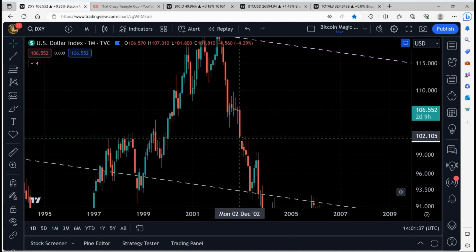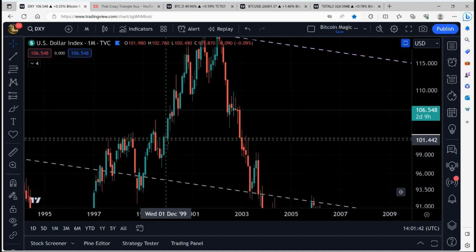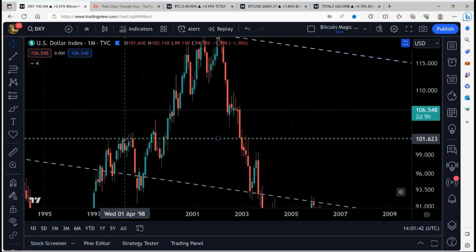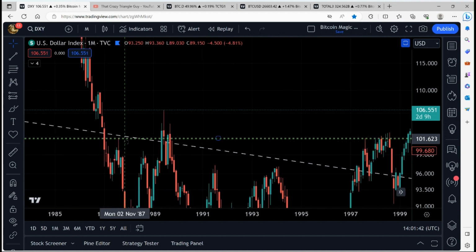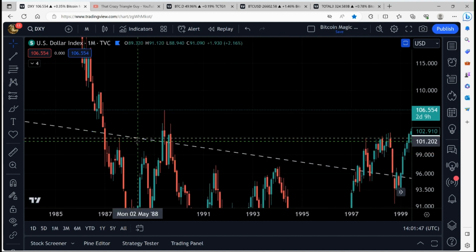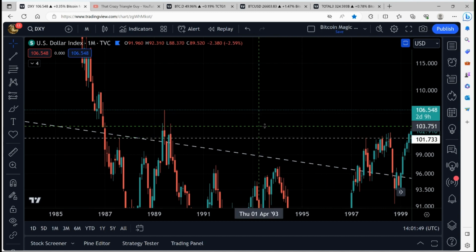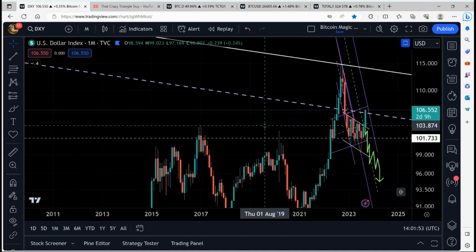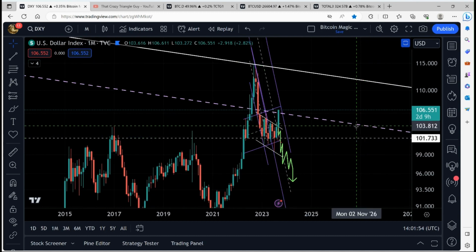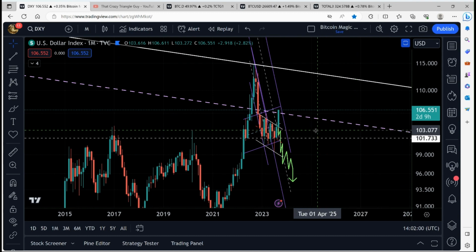But even on the monthly, you can see how these match up pretty accurately here. This has been a major level of support and resistance over the decades. So it just all makes sense. It just makes perfect sense to me.